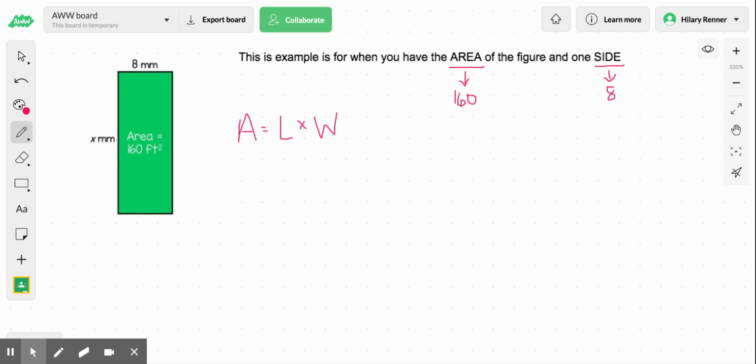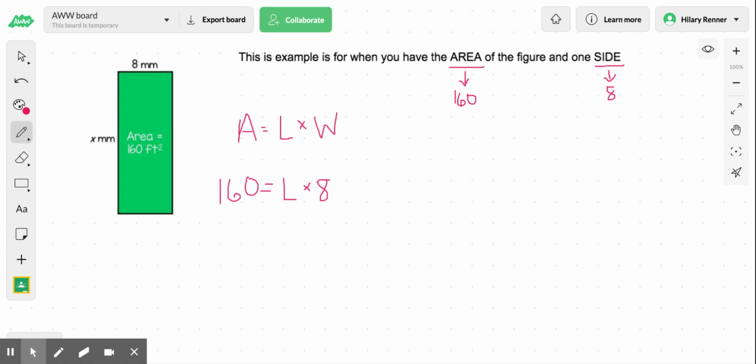So it will be 160, which is the area, equals the length we don't know, that's our x, times the 8 that we do know. Now, we can't just multiply L times 8, so we need to know what that L stands for.